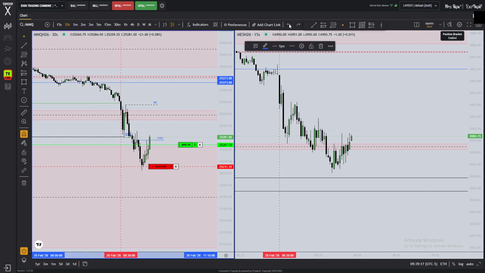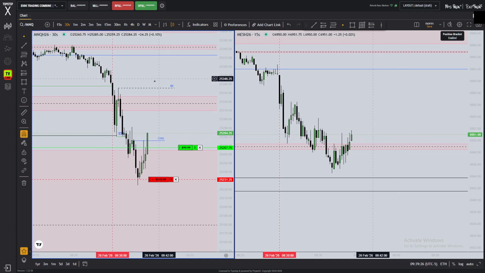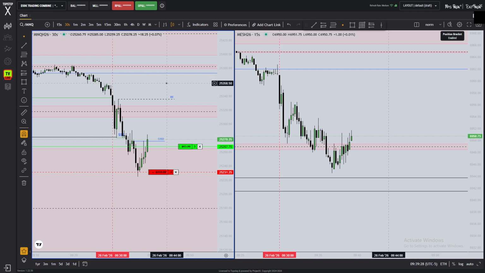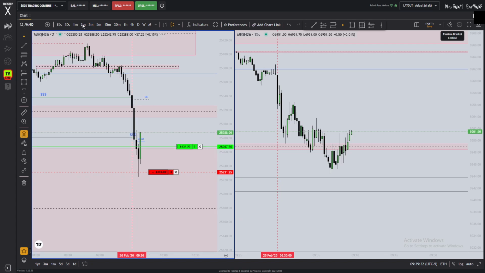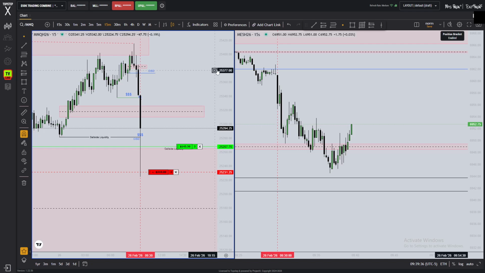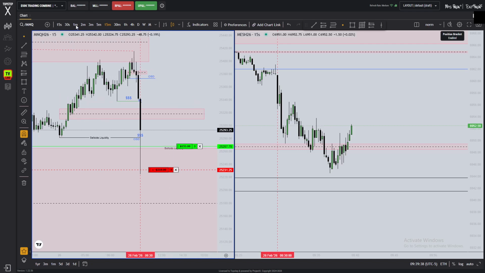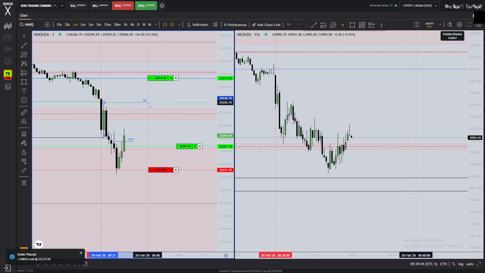So again, break even at this high that we just put in. Jump to the 5 minute, 3 minute, 2, 1, and I'll pretty much just be targeting this change in the state. So I'll be targeting up here at this change, break even here.